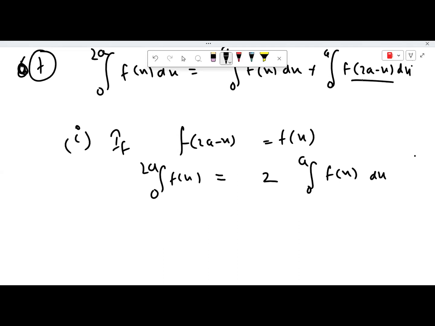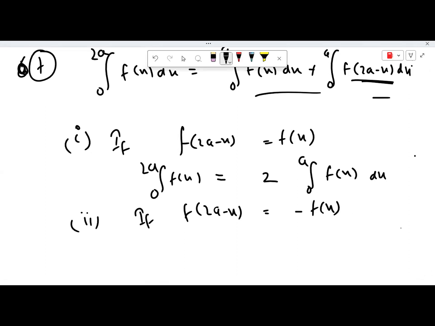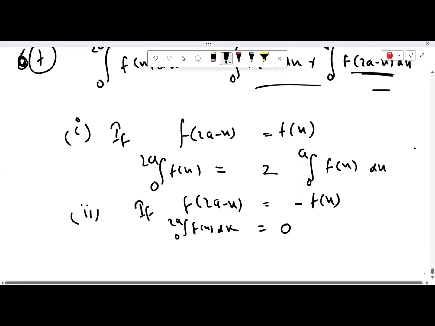Okay, because this function itself will become f of x, so 2 times f of x will be the answer. Second case, if f of 2a minus x is negative of f of x, then the integral from 0 to 2a of f of x dx will be equal to 0. The integration will become 0. Okay, note it down.